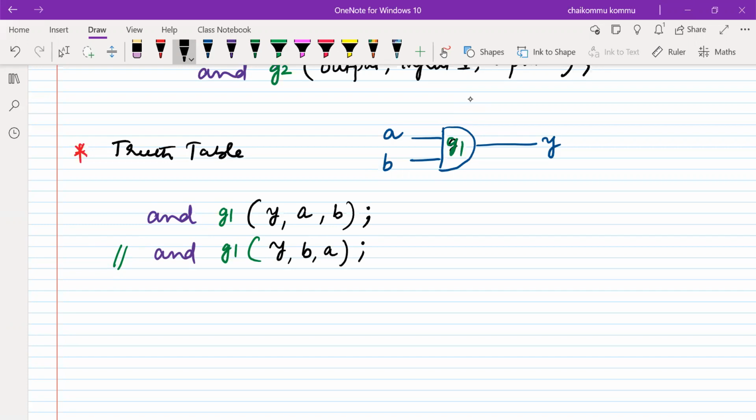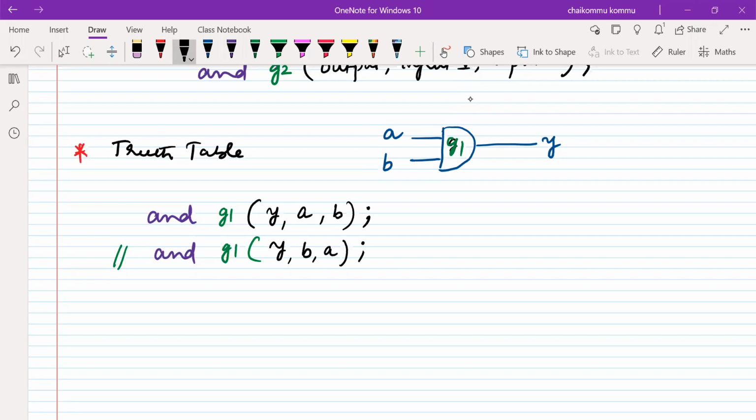What is the difference I have made? First, B I have written as one input, A as another input. The simulator or the synthesis tool will identify that the first one is an output signal, and then B and A are the input signals. But we should not write B first, then Y, followed by A. It is not acceptable.